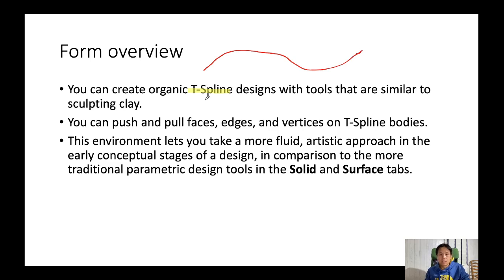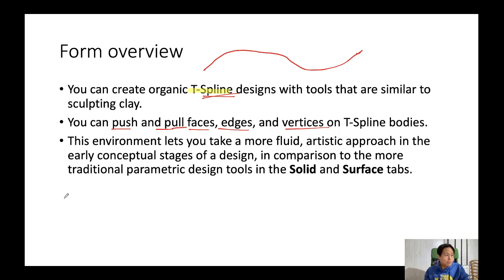This is T-spline. But in Fusion 360, they offer an advanced feature that creates 3D features using T-spline. You can push and pull the objects using face, edge, and vertex.